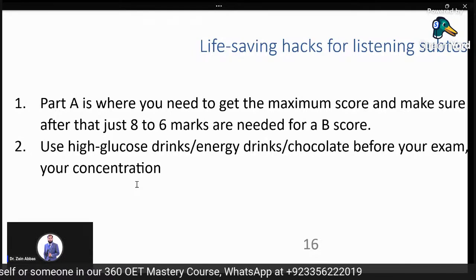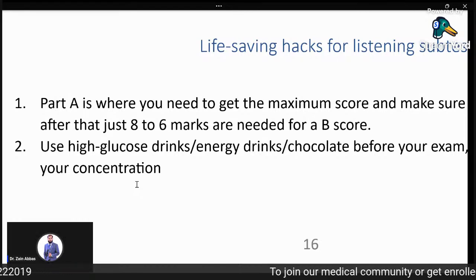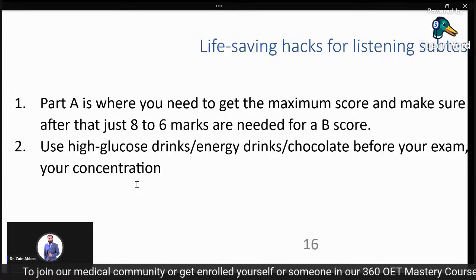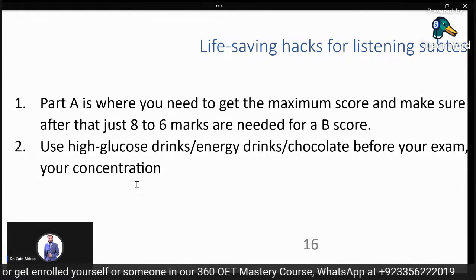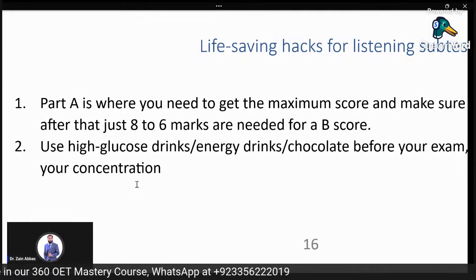So there is very little chance to get it wrong in this area. If, for God's sake, you get two wrong and lose 2 marks here, you get 22 marks, and then you will need around 8 more marks to score B. Bravo.